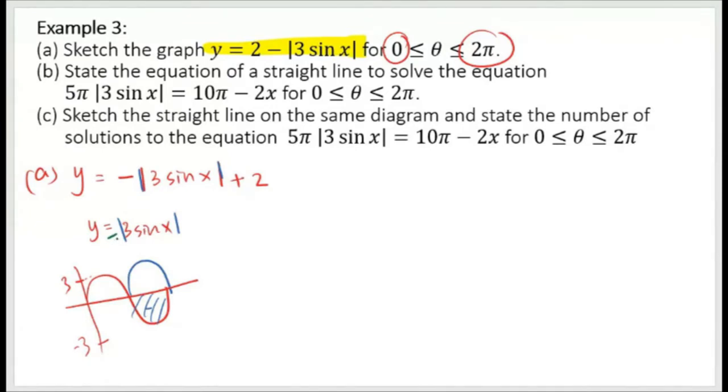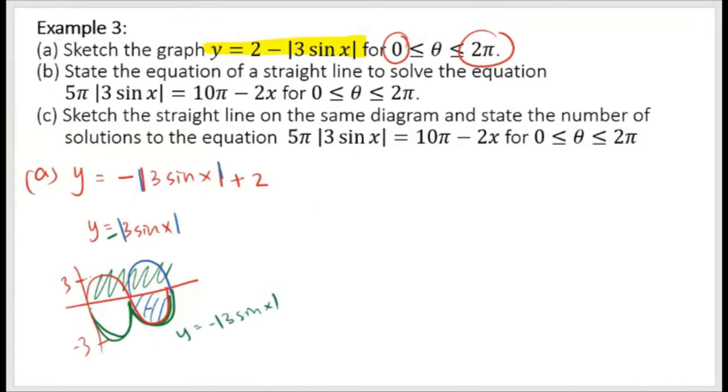Negative now means change side. It doesn't go up, now it goes down again. So now it will become like this. It will go down like this. So this is y equal to negative modulus 3 sine x.